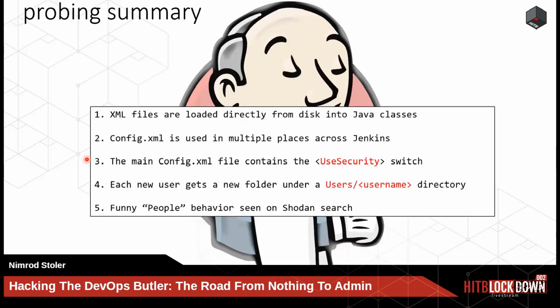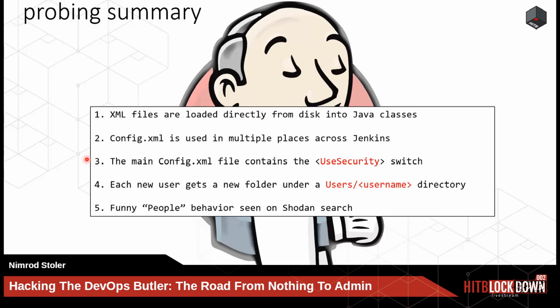So right now we've finished our probing stage, and this is to summarize it. Point number one, we've seen how XML files are loaded directly from disk into Java classes in an unmarshalling fashion. So the XML file is read in its entirety and becomes a Java class.